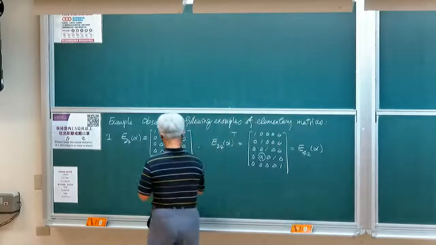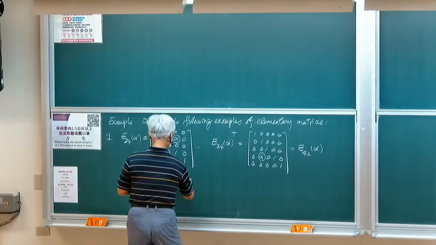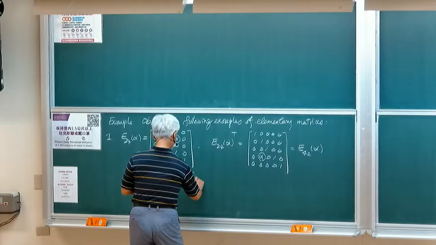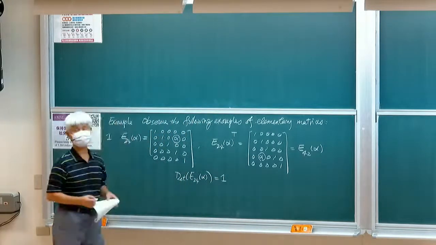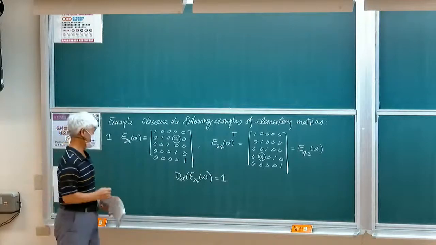So by axiom number 2, the determinant of E for alpha is equal to 1, right?